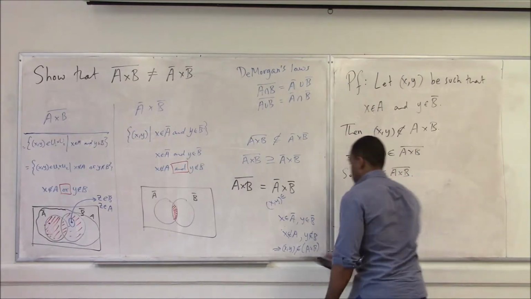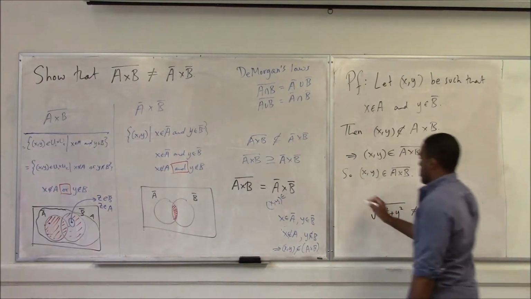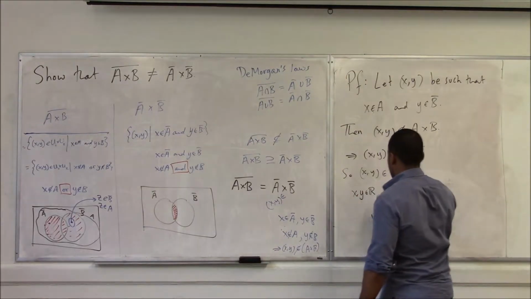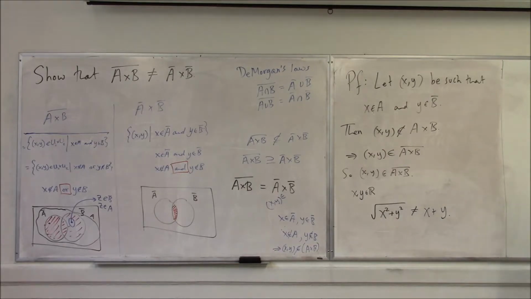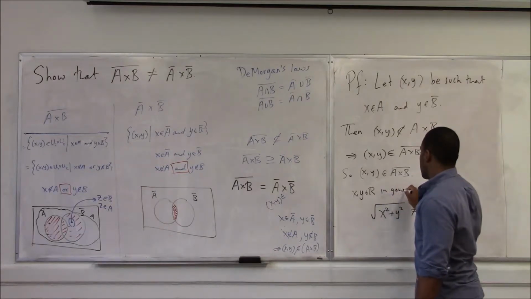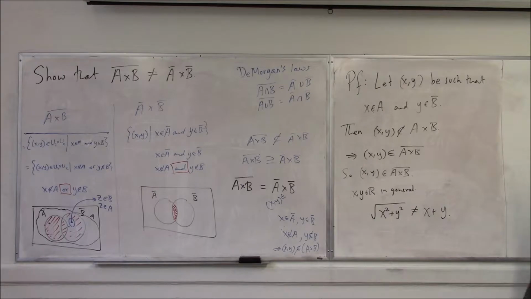Right? A mistake students often make, but whatever, let's actually look at it. If I say x, y, and r, and this is not true in general. So when we say not true in general, what is that? How do you interpret that?